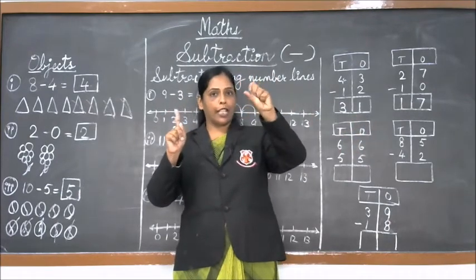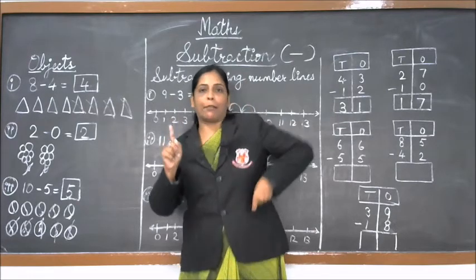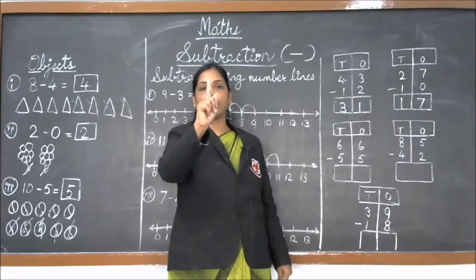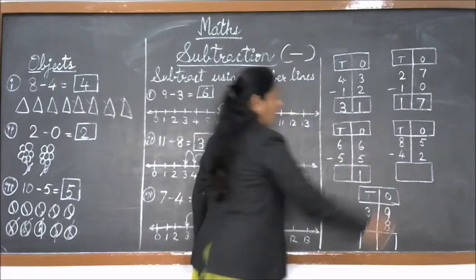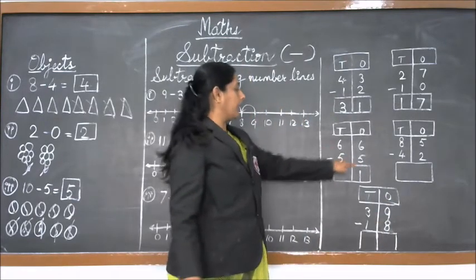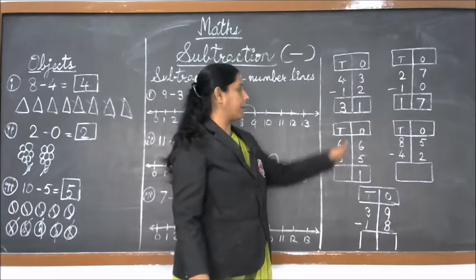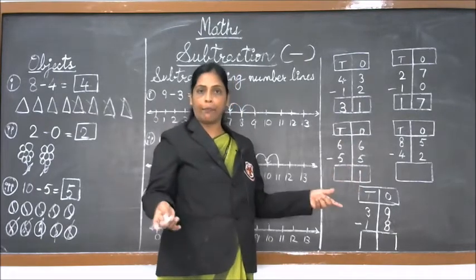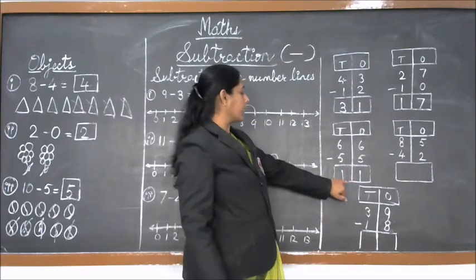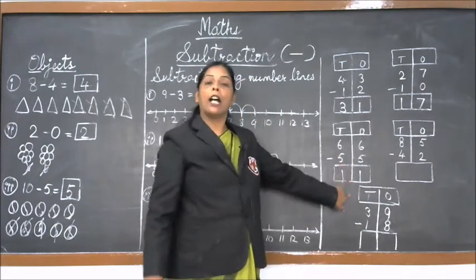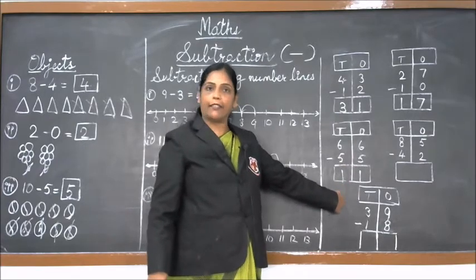That means I am going to make a fist and keep it in my pocket. How many fingers are remaining here? It is 1. So I am going to write here 1. And you can see both the numbers in the tens place and the ones place are the same. So the total will be the same. And I have got 66 minus 55, the answer as 11.